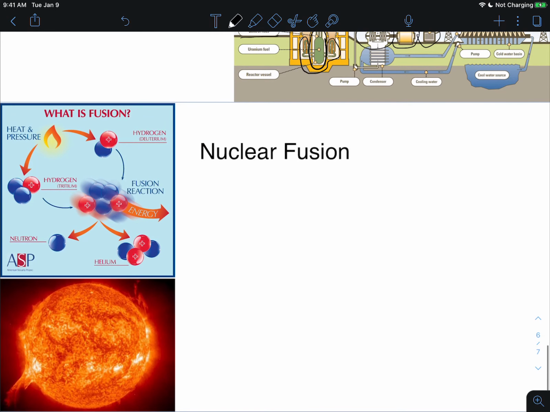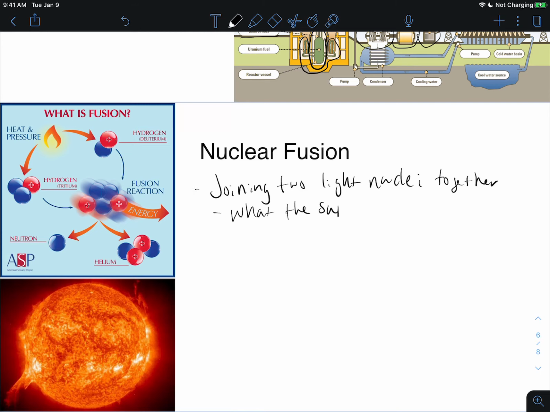And let's real quick just look at the idea of nuclear fusion. So nuclear fusion is when we join two light nuclei together. This is what the sun does, and all stars do.